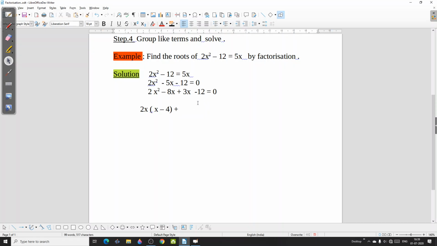From 3x minus 12, what is common? 3. So we'll take out 3 common. Remaining will be x minus 4, equal to 0. Now here in these two terms, what is common? x minus 4. So we'll take out x minus 4 common.